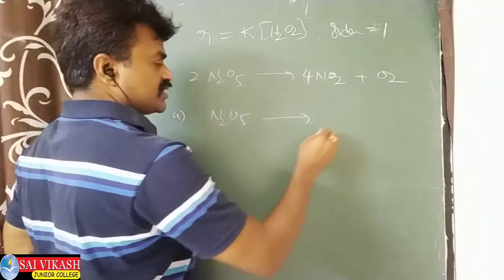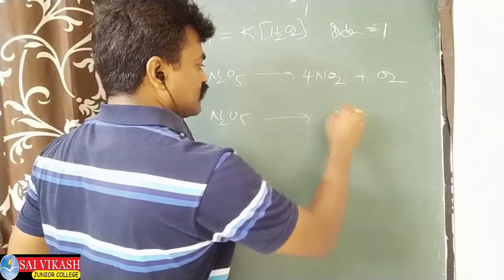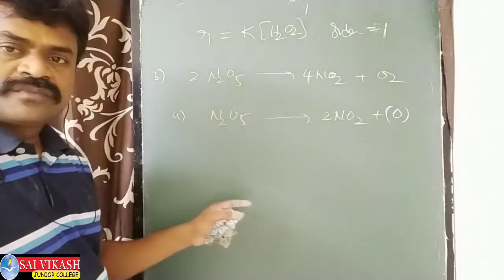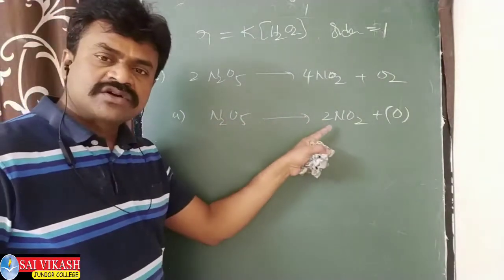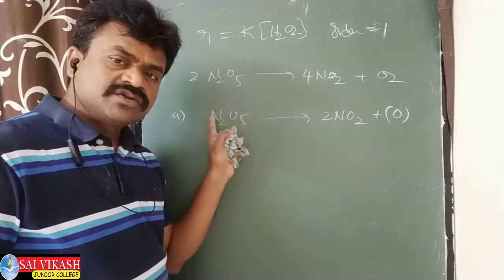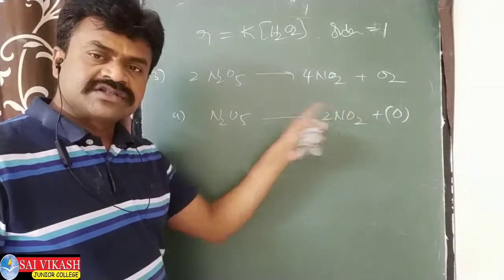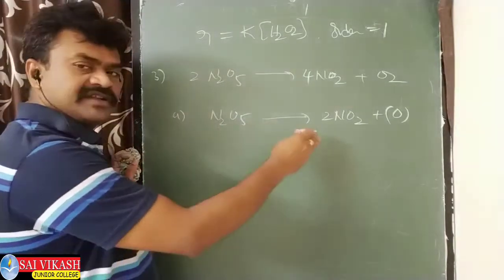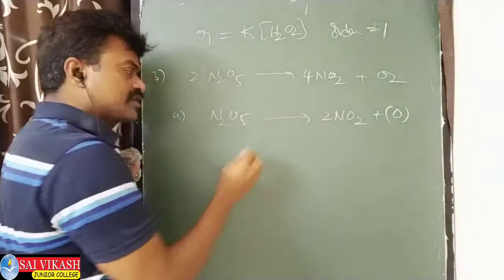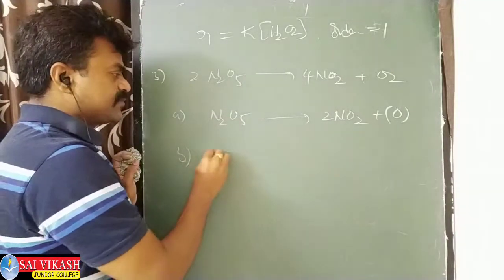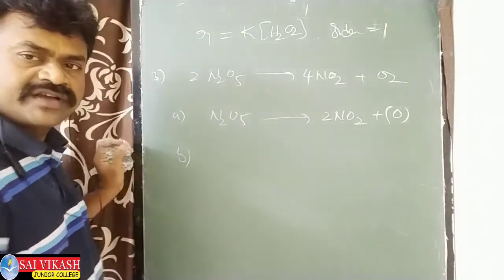N2O5 dissociates, it forms NO2 and nascent oxygen here also. See what happens. In the second step, one more N2O5 is there.